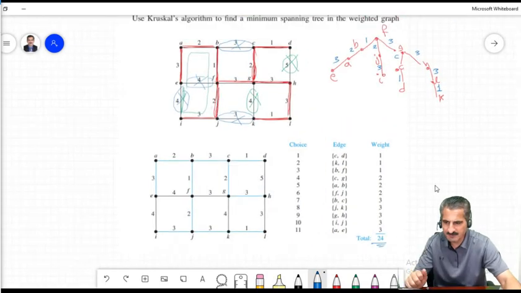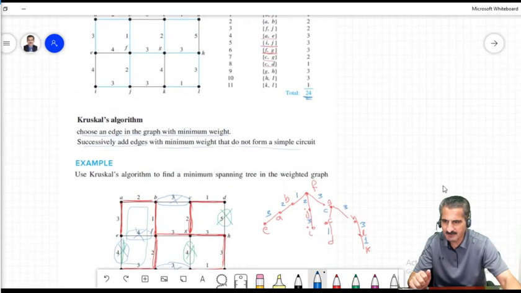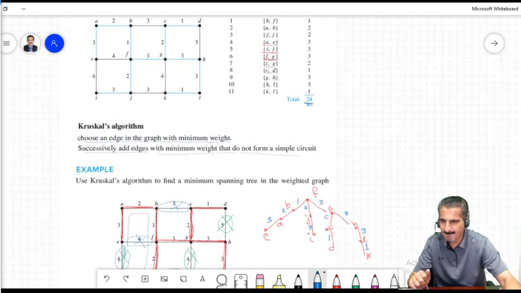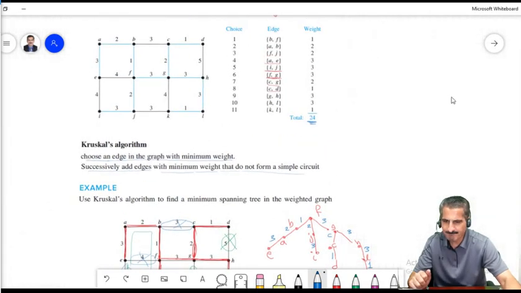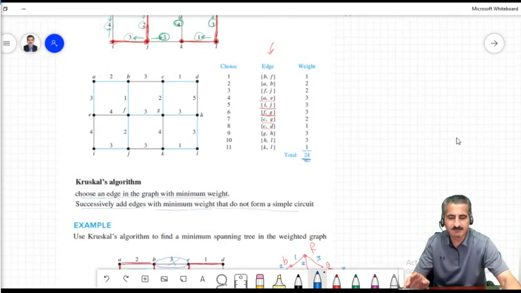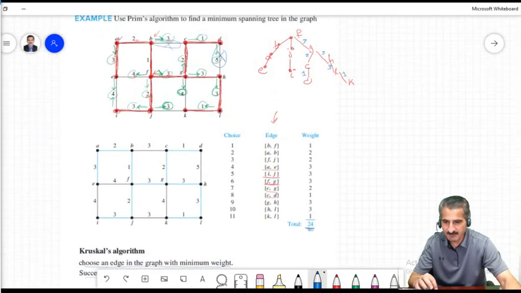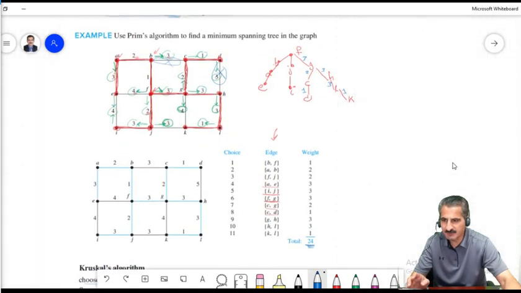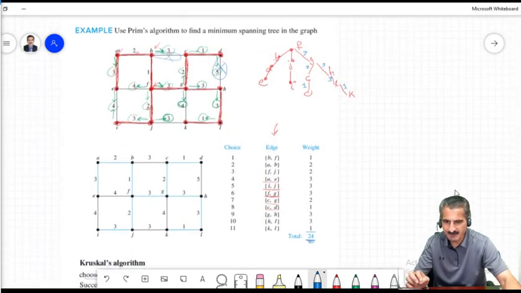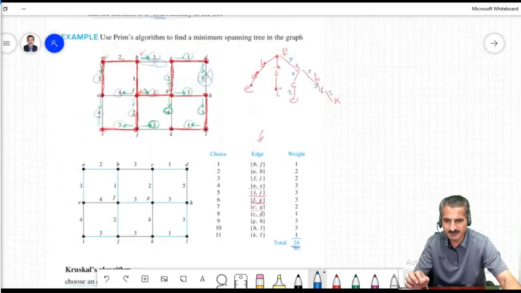Now let's go back and see what we got here. In both examples, we used Kruskal's algorithm the second time. The first time we used Prim's algorithm, and if you notice, they produced the same tree.